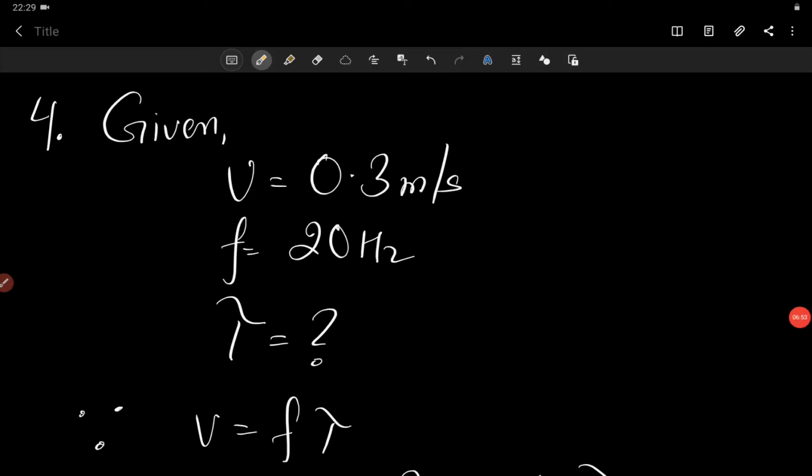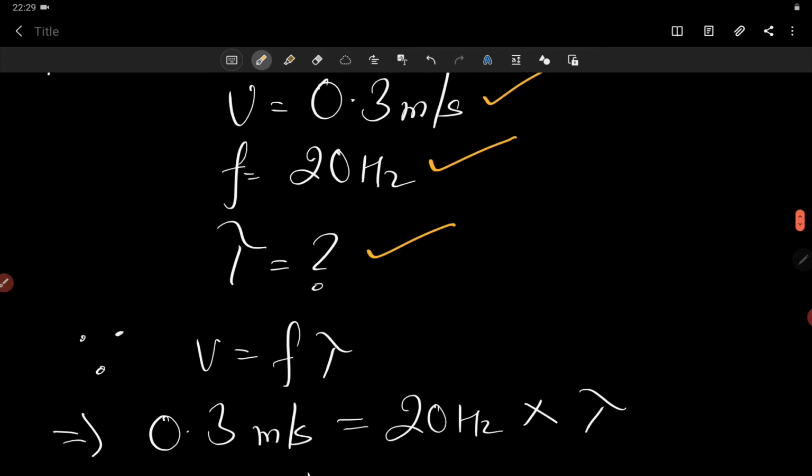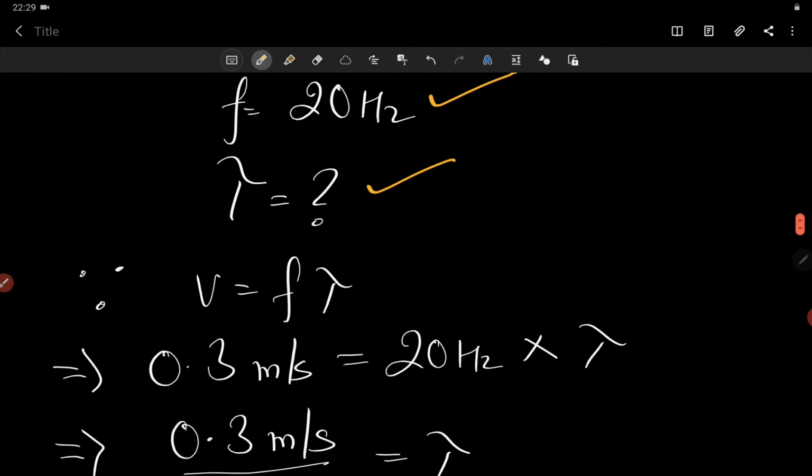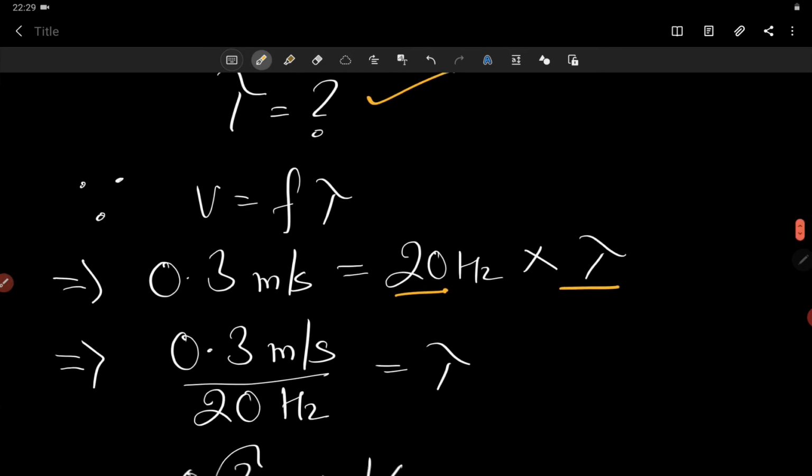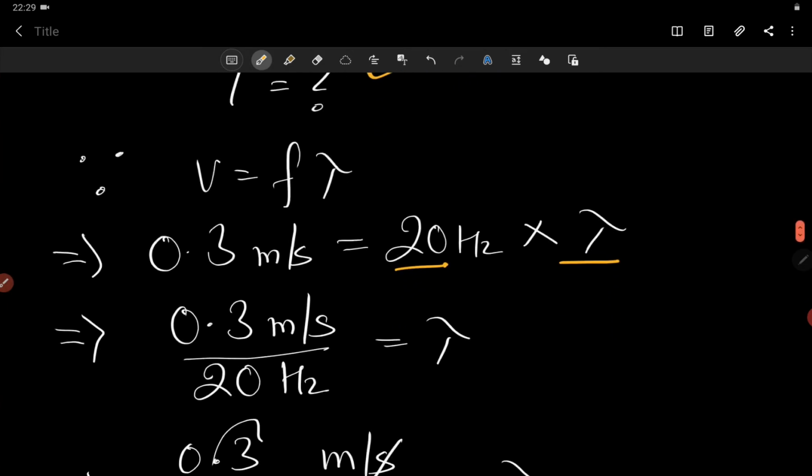So in question number 4, given v equals 0.3 meter per second, f equals 20 hertz, or we can say 20 per second, and lambda is question mark. So using the formula v equals f lambda, we can write 0.3 meter per second equals 20 hertz multiplied by lambda, and thus by moving the 20 hertz to the other side, we shall get 0.3 meter per second upon 20 hertz.